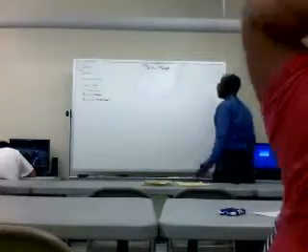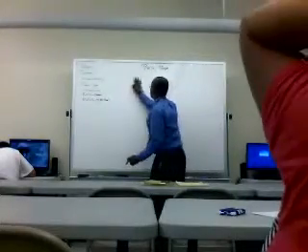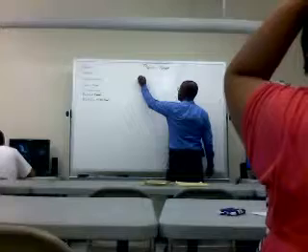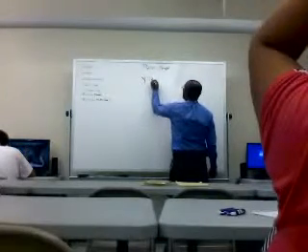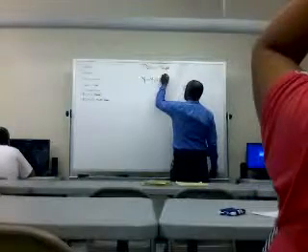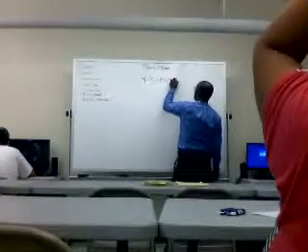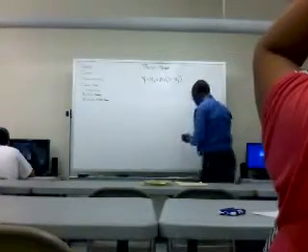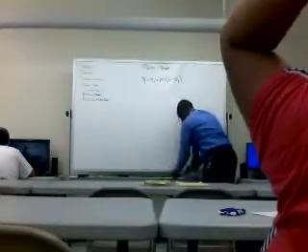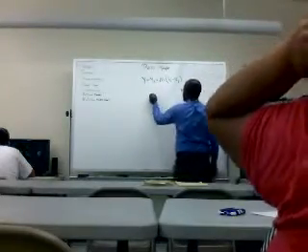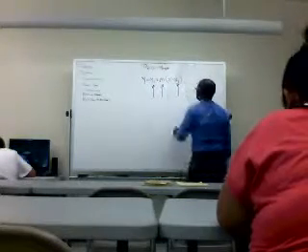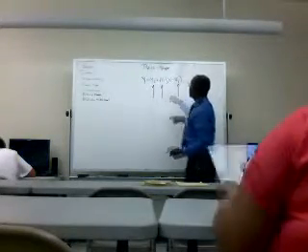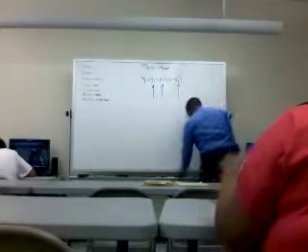The point slope formula is this: we have a variable y minus point y1 is equal to m times x minus x1. In this instance, this is a number, this is a number, this is a number. These are just variables. So let's look at an example.